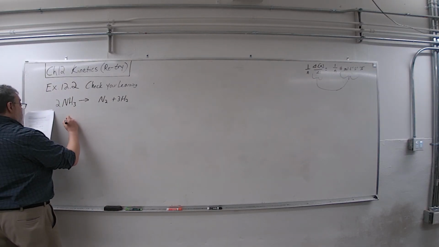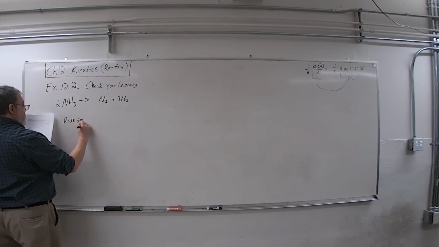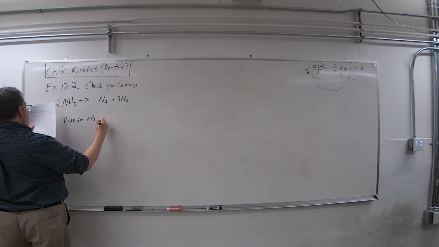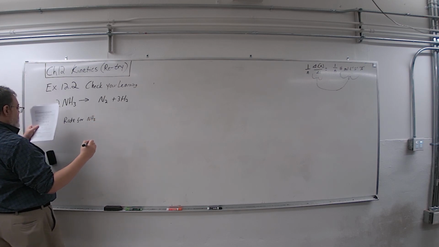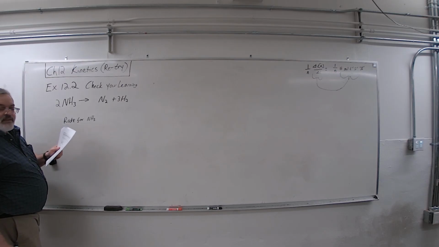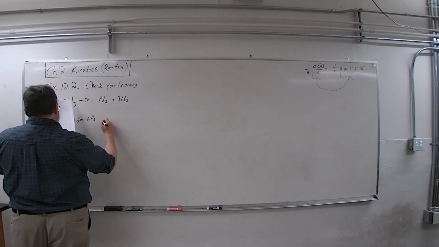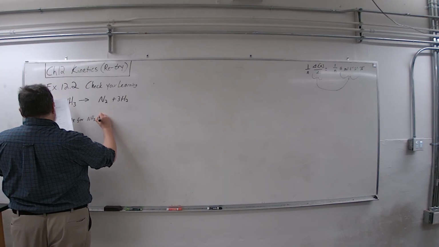And it says for rate 4. They also say the reaction is 1150 K. That's a red herring, just like the 11.1 was in the other one. So I won't be doing that.